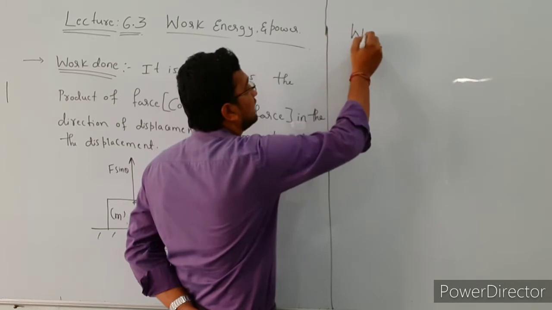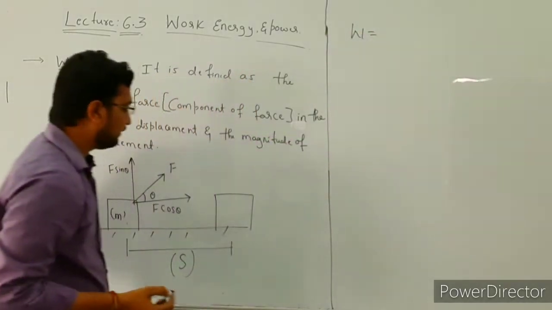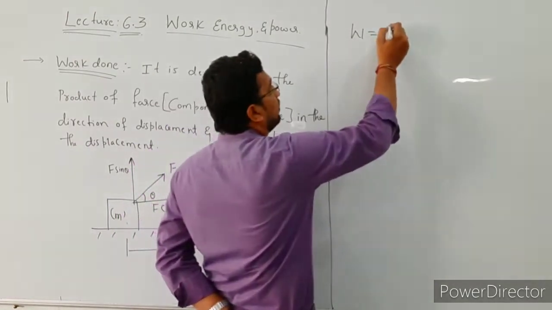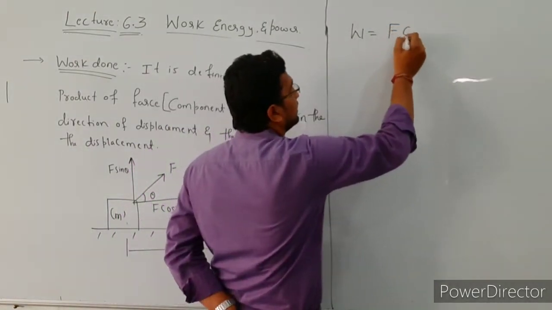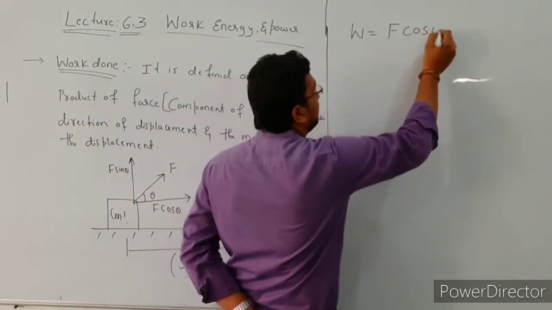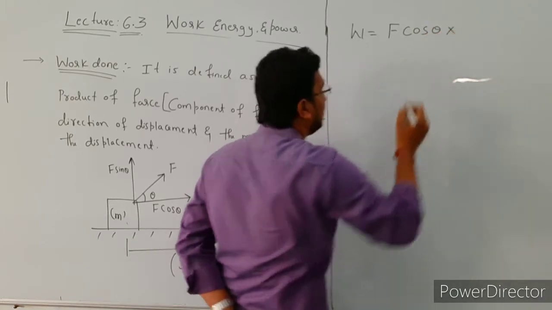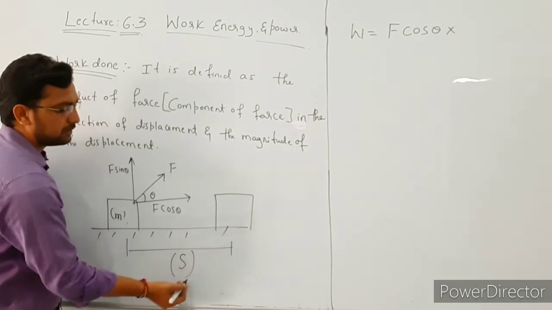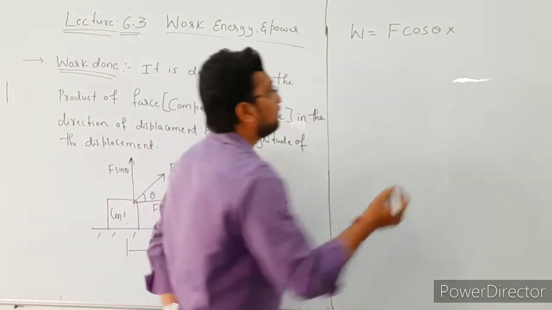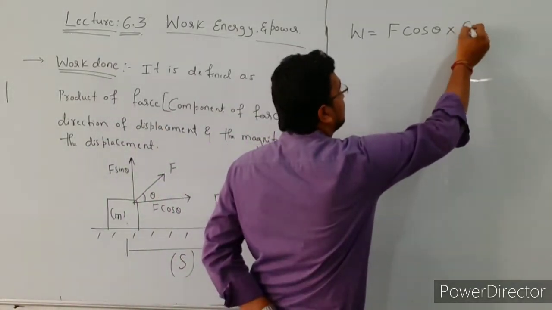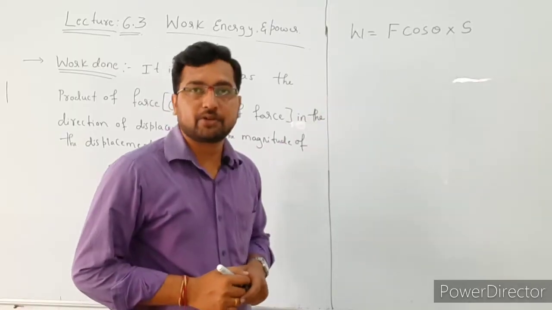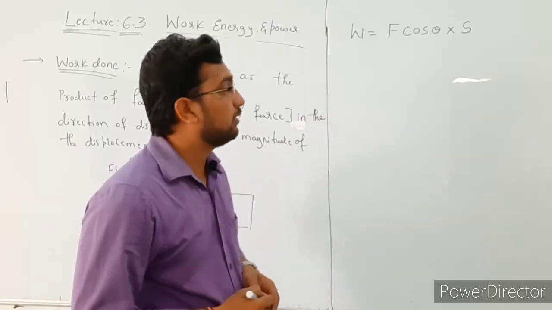So work done is equal to, here what is the force? The force is F cos theta. Due to that force only, the body is moving along the horizontal direction, that is F cos theta into displacement. From this point to this point, the displacement is S. Then W is equal to F cos theta into displacement.